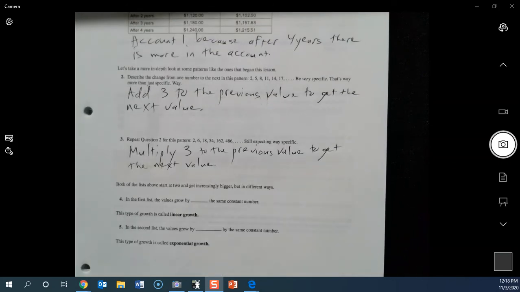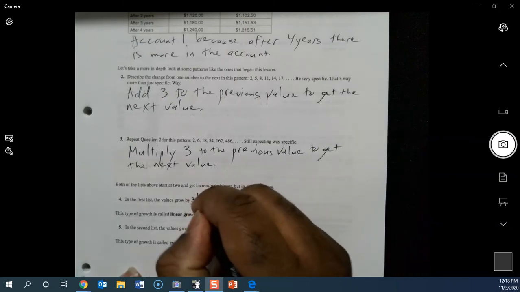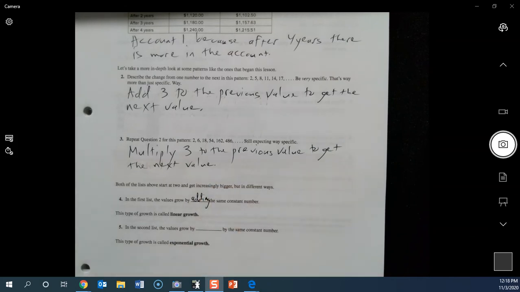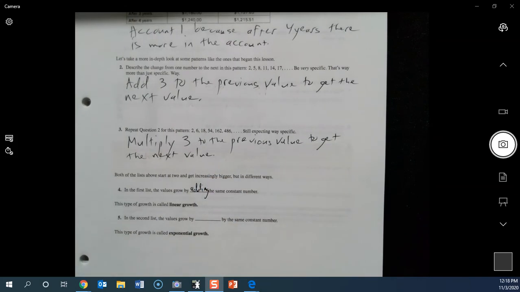Okay, now it says both of the lists above start at 2 and get increasingly bigger, but in different ways. In the first list, the value grows by adding the same constant number. This type of growth is called linear growth.